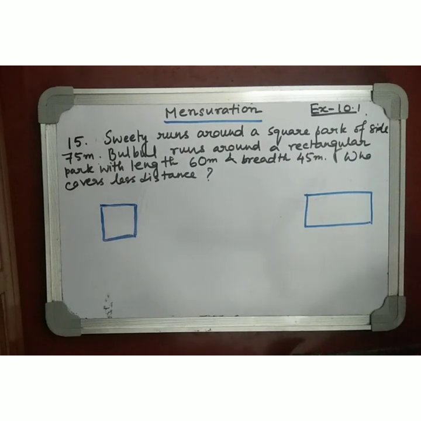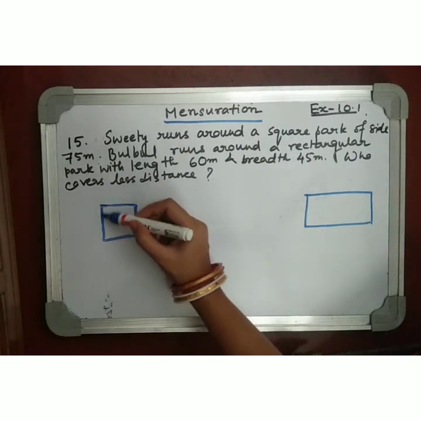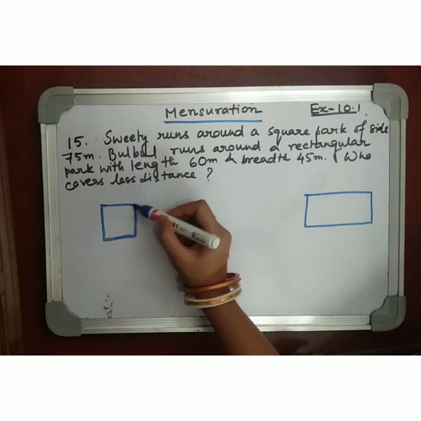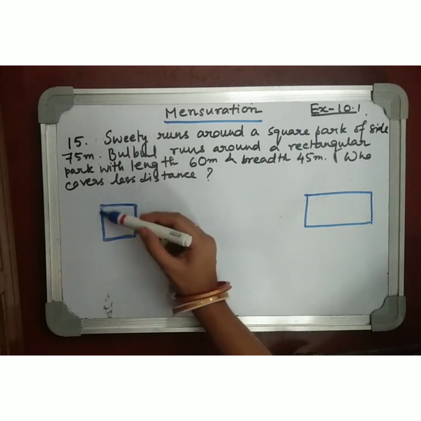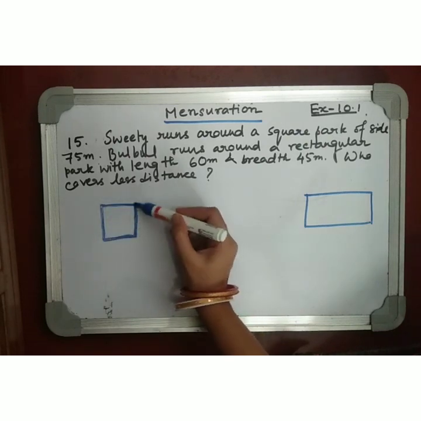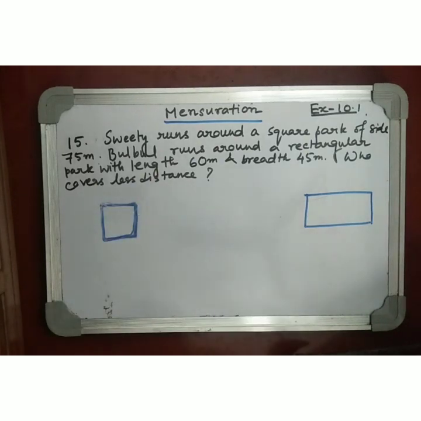Okay. So if Sweetie runs around a square park, it means Sweetie runs towards the perimeter of that given figure, isn't it?